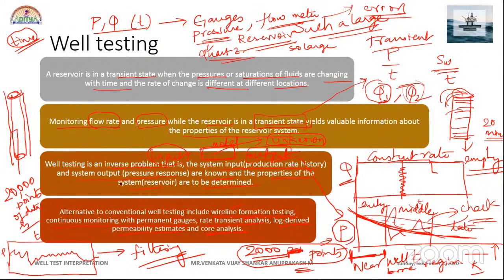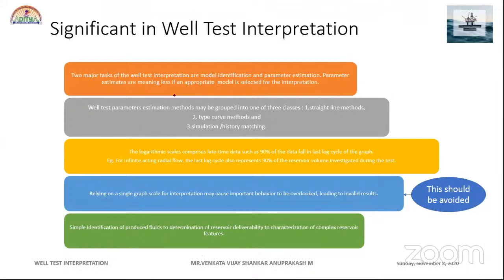But the other source from where we can get the permeability is through your well test. So what are the two major tasks that are done in a well test interpretation? One is model identification, the other one is parameter estimation.